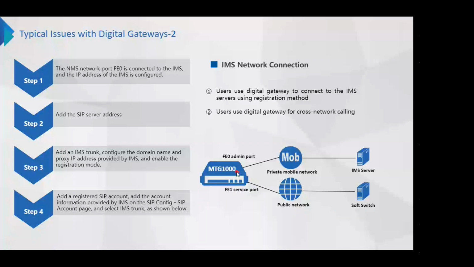I think it's quite straightforward and all the same as SIP trunk, but here you have to enable the registration mode, and also provide the SIP account information and everything. So it's quite straightforward and very convenient for IMS users. If you want to connect to IMS and E1 combined together, you can then forward your combined call to a soft switch.